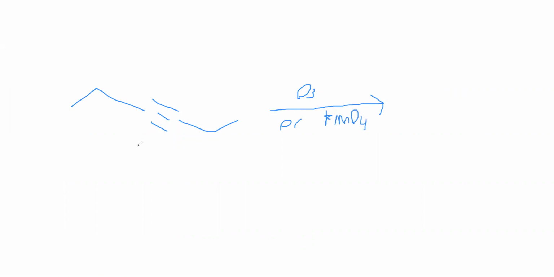That's going to cleave this bond, and I'm going to redraw that. That's going to give you two of these because this molecule is symmetric, so you get two carboxylic acids. It doesn't matter what you use. If you're cleaving an alkyne, it's always going to give you carboxylic acids, unless it's at the end of a chain.